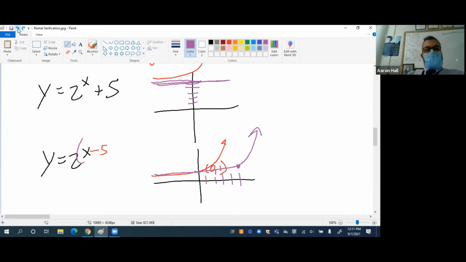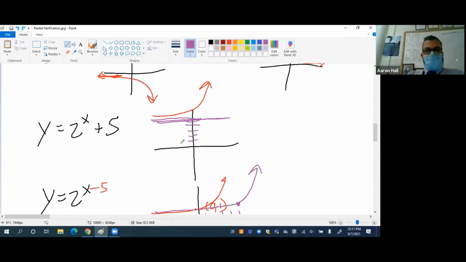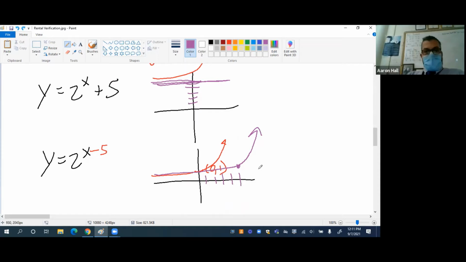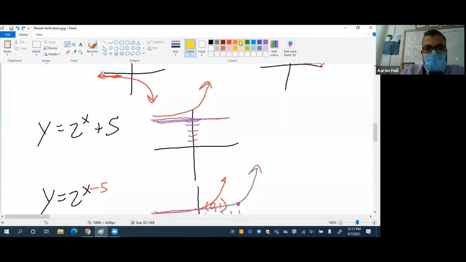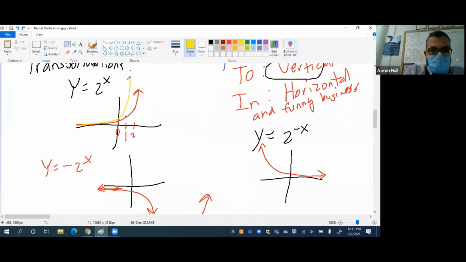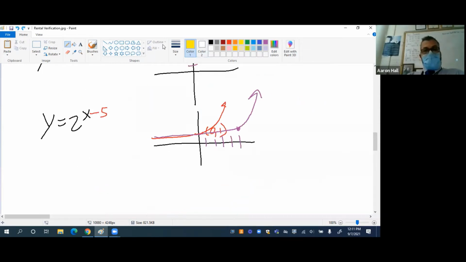What if I wanted to stretch this graph up by a factor of 3? I want all of this graph to be stretched up by a factor of 3. Yes, sir, Bentley. Wouldn't you times it by 3? We times what by 3, to the function or in the function?